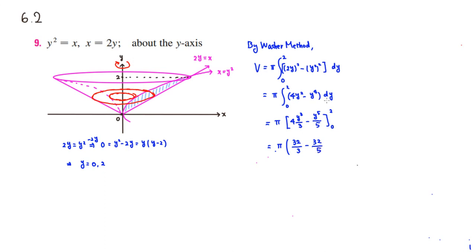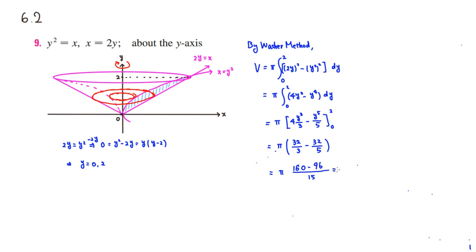If you plug in 0, it's all 0. The common denominator would be 15. Multiply by 5, so 32 times 5 is 160 over 15, minus, multiplying by 3, 96 over 15.